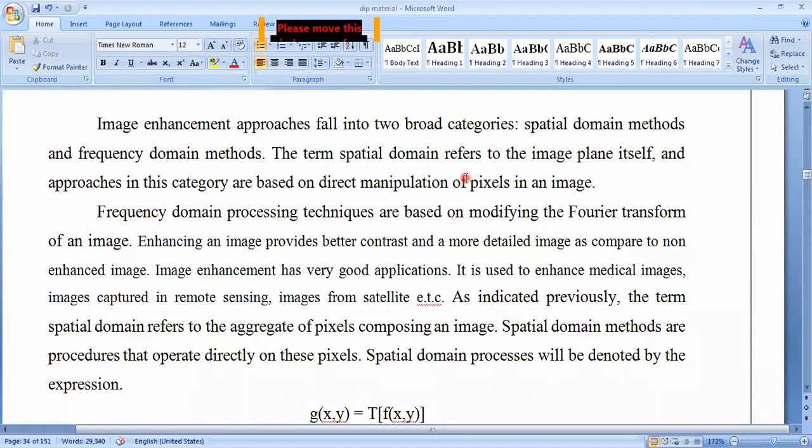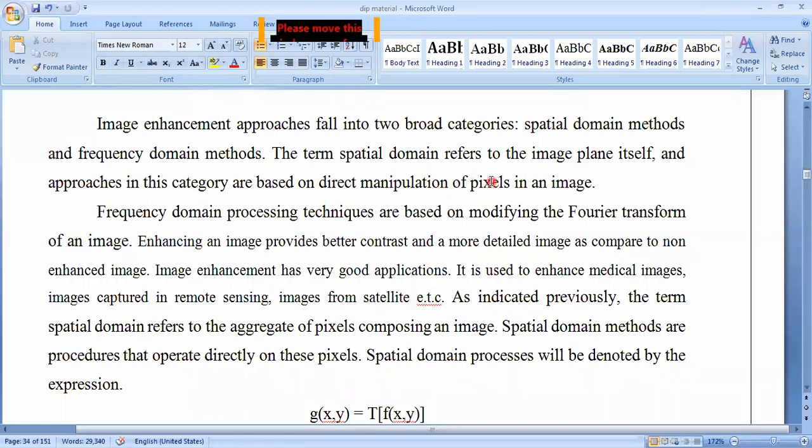Suppose we represent that image with 4 bits, what is the maximum gray level value? 2 power 4, it is 16, so 0 to 15. If we represent that image with 3 bits, we get the maximum gray level value 8, 0 to 7. So it depends upon the representation of each pixel.